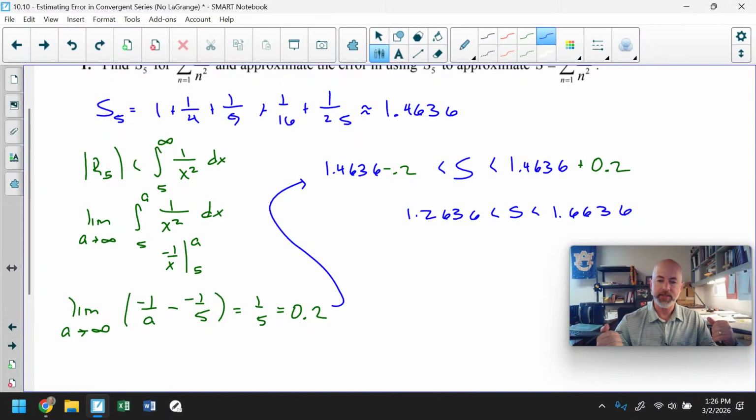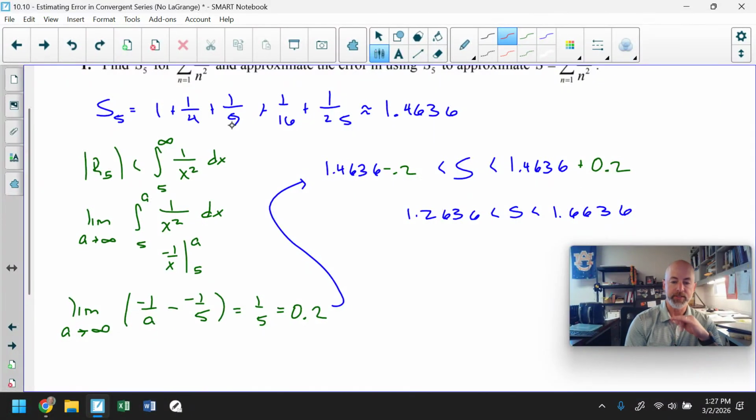I don't know exactly what this sum is, but it has to be between those two numbers. So finding that error, we can add and subtract it from our approximation to get the ends of the interval. But sometimes we can go a little bit more precise, and this series is always positive. So I don't know what the sum of this series is, but I do know that the sum is greater than my approximation.